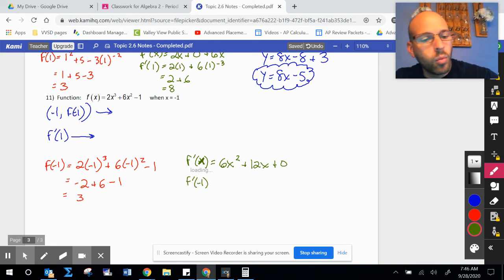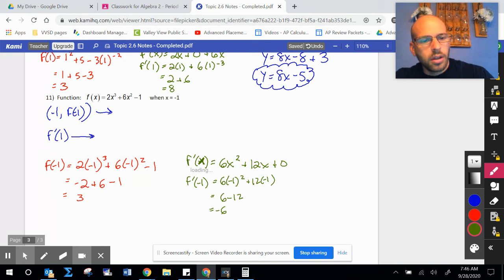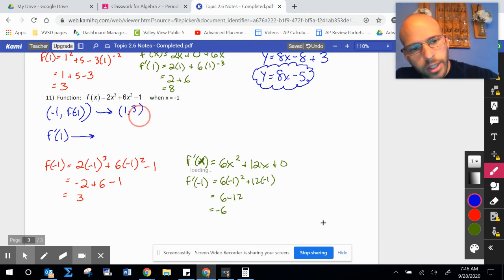F prime of negative 1 then would be 6 times negative 1 squared plus 12 times negative 1, which gives me 6 minus 12, or a negative 6. So I have a point at negative 1 comma 3, and my slope is a negative 6.